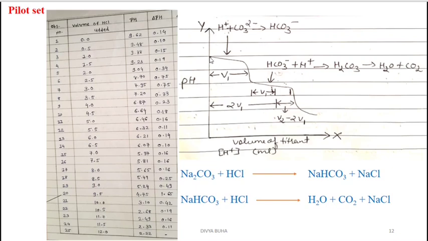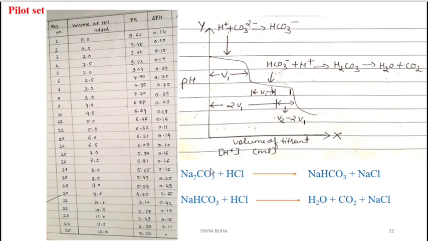So what will happen when you add HCl into the beaker? The pH would start decreasing, slowly. During this reaction, the H plus ions which are being added will react with CO3 2 minus. So the HCl we are adding will react with Na2CO3.